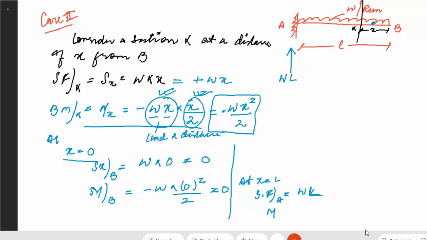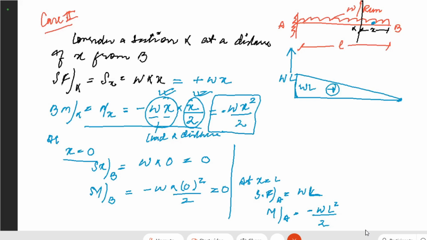And your moment at point A will be simply equal to minus WL square by 2. Now here you can easily draw the shear force diagram. That means at point B shear force is 0 and at point A shear force is WL. This is your WL, positive shear force.